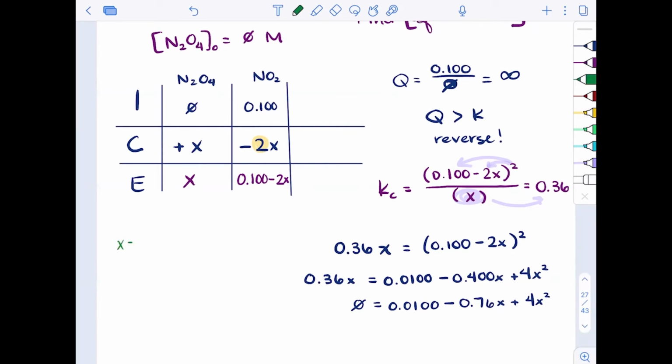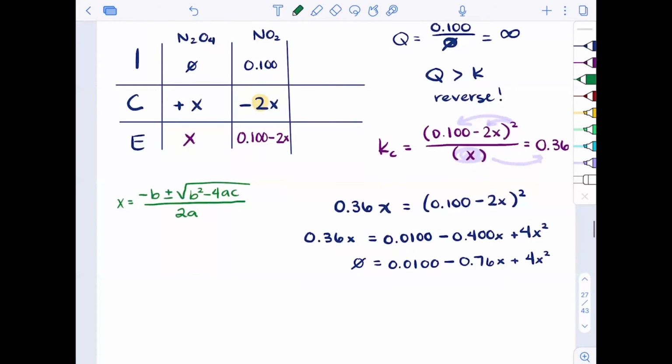The quadratic equation says that x is equal to minus b plus or minus the square root of b squared minus 4ac, all divided by 2a. Now that plus or minus is going to give us two values for x.